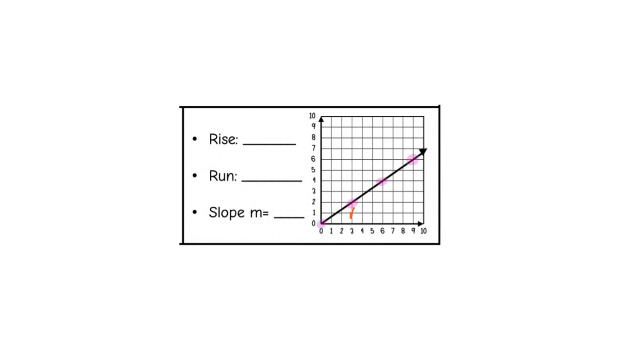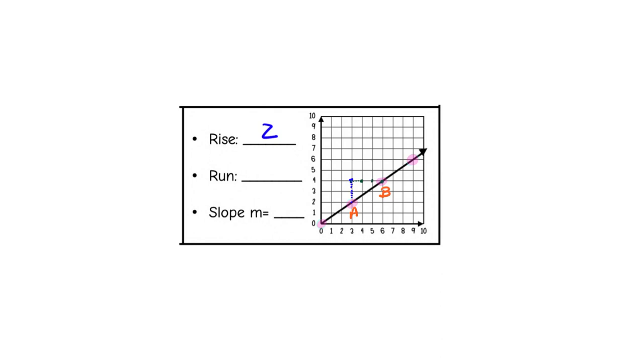Let's call this point A and point B. I want to make a right triangle connecting point A and point B. I start at point A and go up 1, 2, until I'm even and able to go straight across to point B. So my rise is 2. Then I run over: 1, 2, 3.